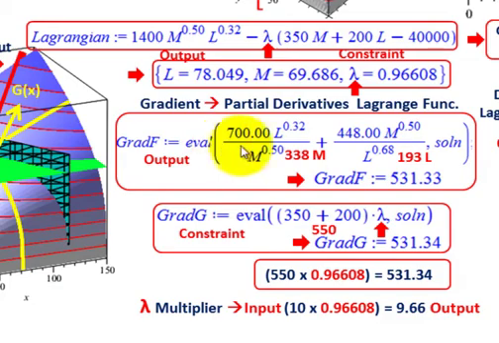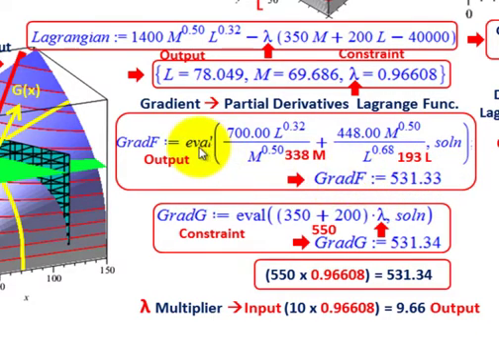That's a scalar amount pointing perpendicular to the iso curve at that point. And then for labor, I did the partial and I get 193. So you total those together, and my gradient here is 531.33. So that's the key.